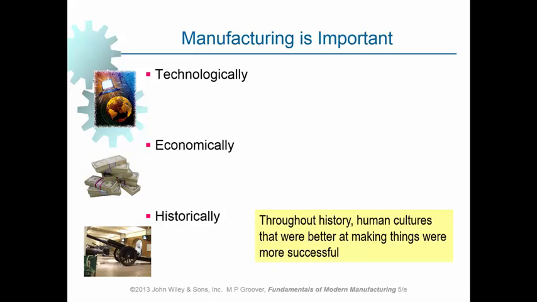Of course, when it comes to wars, a nation which has more advanced technology in manufacturing can make better weapons and they can succeed in the wars. And the ones who have advanced manufacturing technology, of course, can make more useful products and sell them to other nations and make more money out of it.